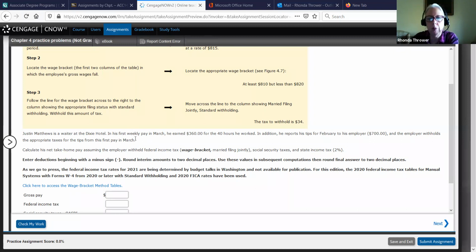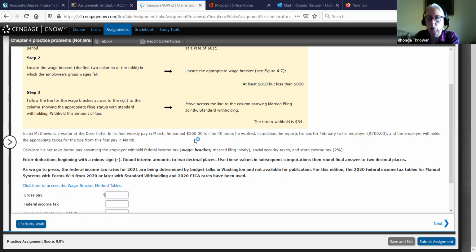That's important information. Also, when we're calculating the federal income tax, we want the total amount of earnings that would be subject to taxes. Your regular earnings are subject to tax, which were $360 in this problem, and your tips are also going to be subject to tax.